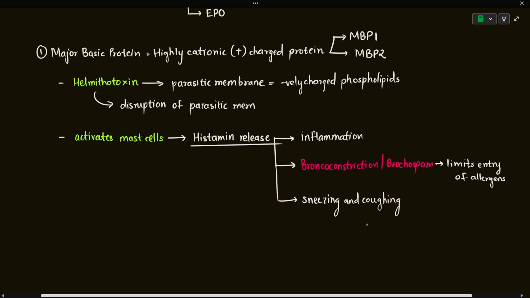Why are sneezing and coughing important in inflammatory responses? Because when we sneeze and cough, we are spilling out the pathogens and allergens through the airways. That ensures that whatever allergens have entered the body get thrown out.